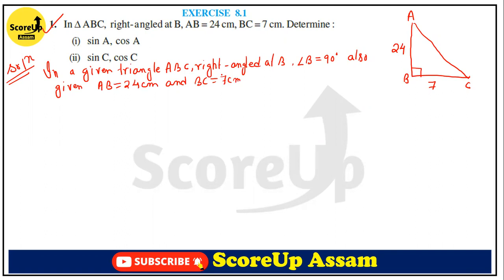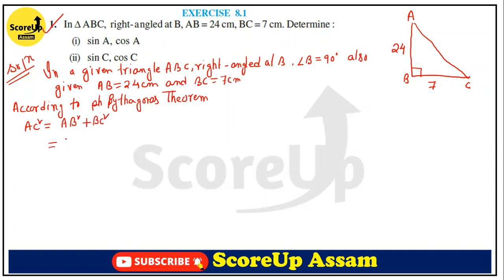Now according to Pythagoras theorem, this P should be capital. What can we write? AC square is equal to AB square plus BC square.